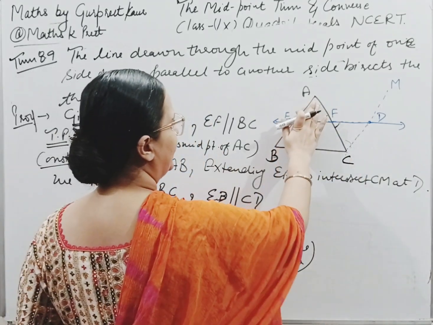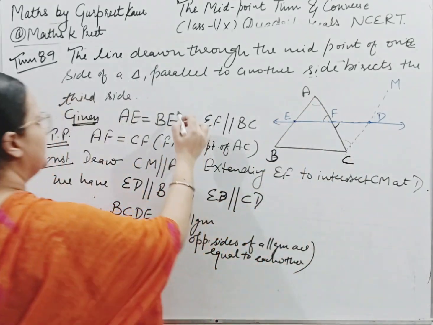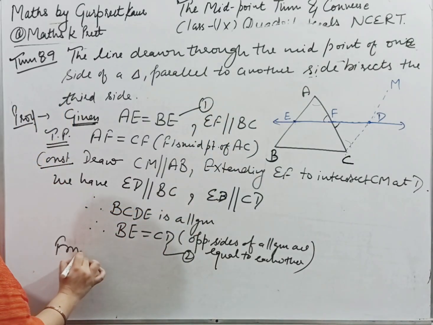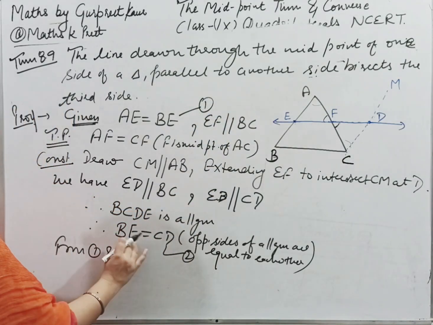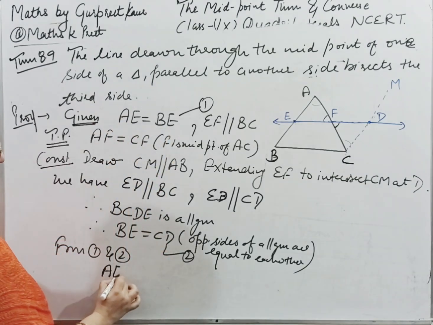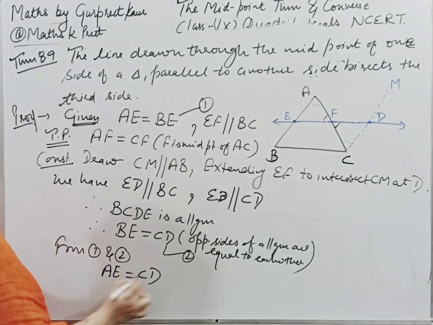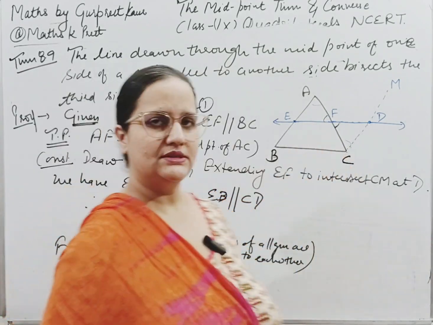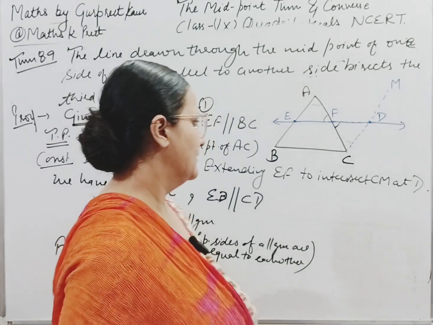What we are having? We are having that AE is equals to BE. Mark it number 1 and mark this number 2. Now from 1 and 2, BE is equals to CD, BE is equals to AE. So I can equate AE and CD. AE is equals to CD. I just have proved.